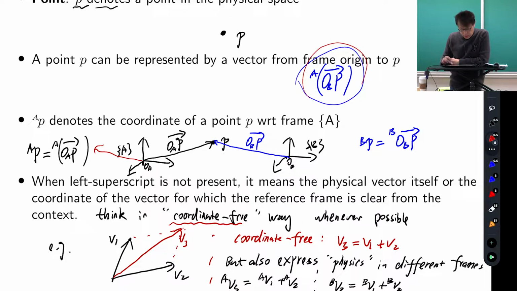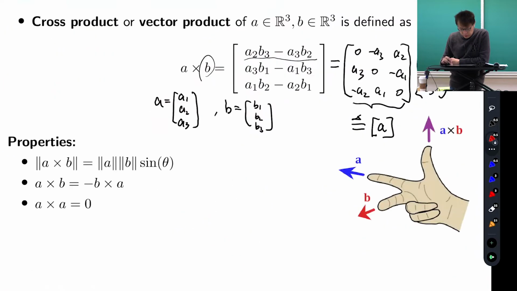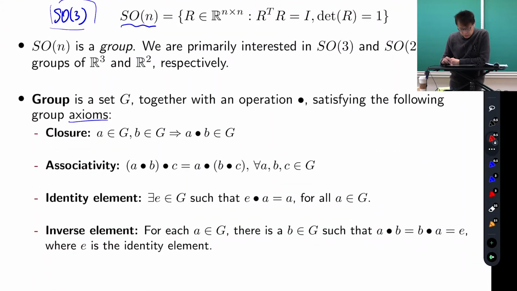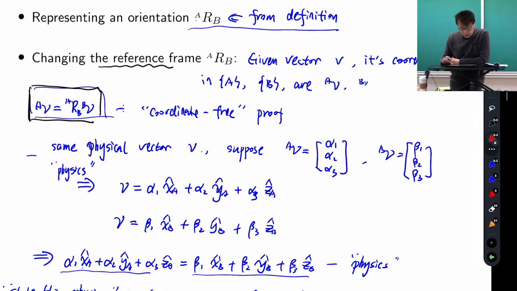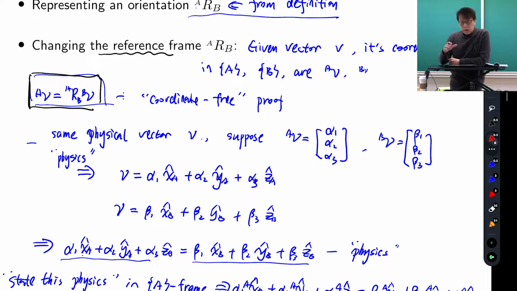I encourage everyone to go over this proof. Some of you may think it's trivial, but some may not. This will be a super simple proof about R_BA, right?